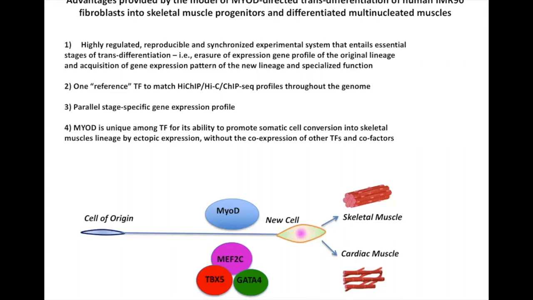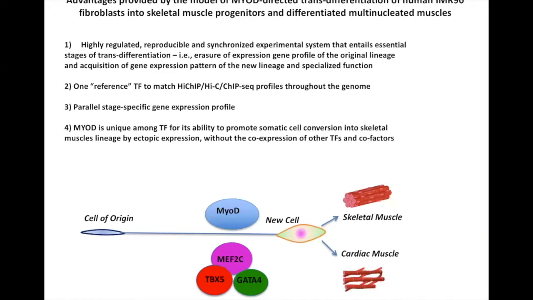It also provides one reference transcription factor, MyoD, that helps to match HiChIP, Hi-C, and ChIP-seq profiles through the genome and provide a general picture of how the transcription factor that is overexpressed, or actually in this case ectopically expressed, relates to these interactions and to the acetylation of chromatin.